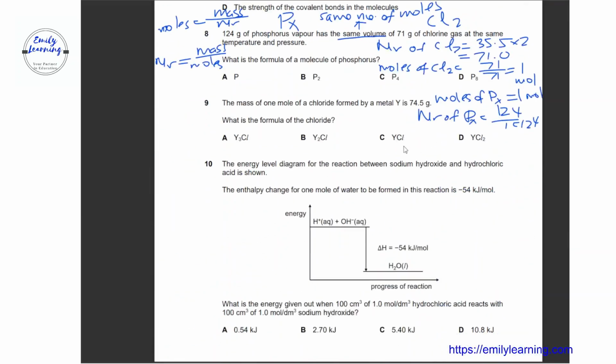So the MR of Px is actually x times 31, right? 31x. And we know that is equals to 124. So to find x, we will take 124 divided by 31, which gives us 4. So therefore, we know that the formula of phosphorus is P4. So the answer for this is C.